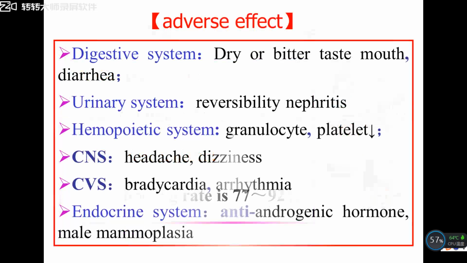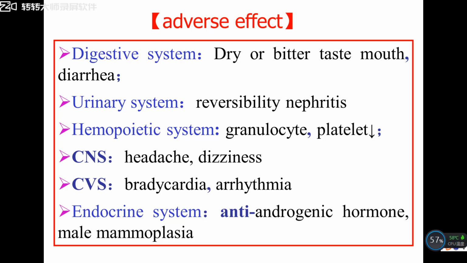Okay. The other section is adverse effects of histamine 2 receptor blockers. The digestive system may have dry mouth, bitter taste, nausea, and diarrhea, no problem. The urinary system may have reversible nephritis, and the blood system may have reduced granulocytes and platelets.